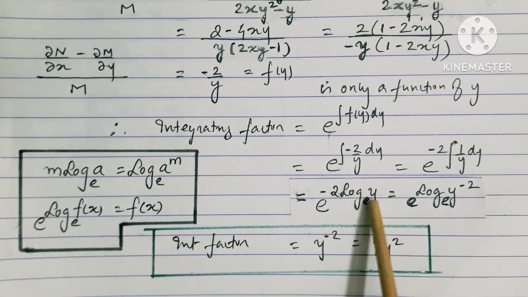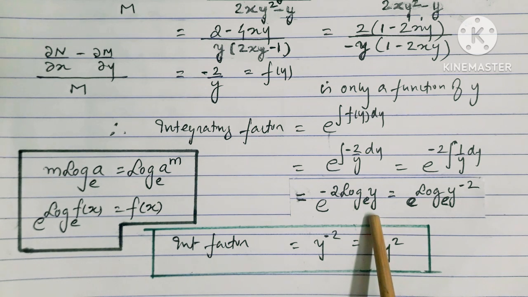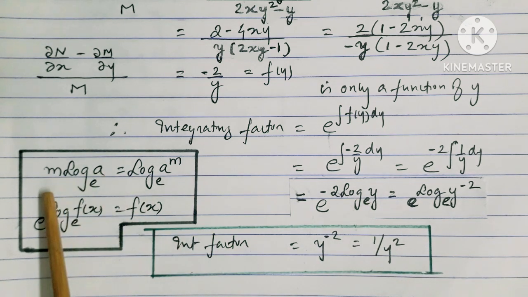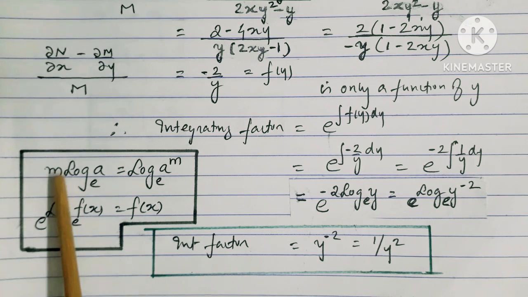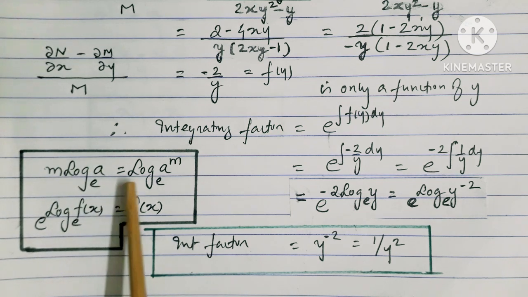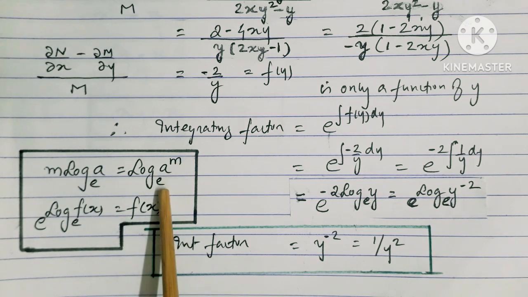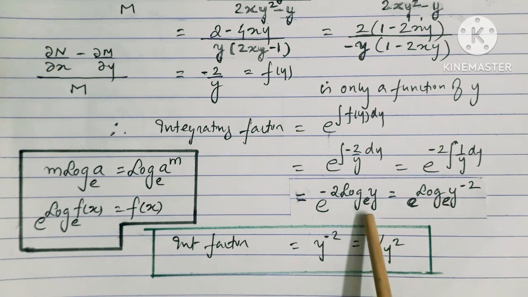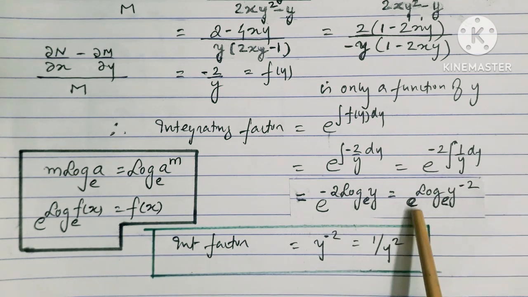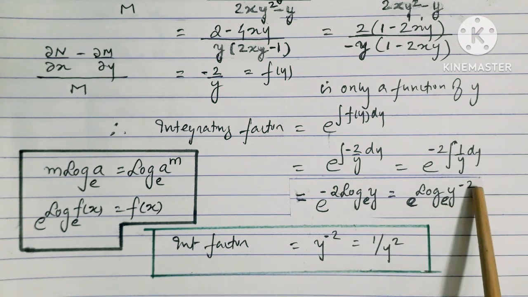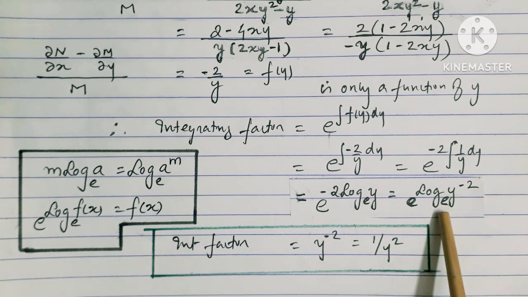And we can now simplify this integrating factor by using the property of log, which says that m log a to the base e is equal to log a raised to m to the base e. So, we can write the integrating factor as e raised to log y raised to minus 2 to the base e.